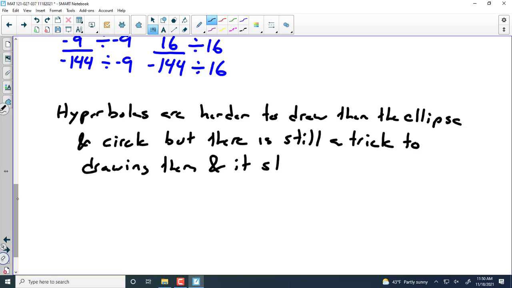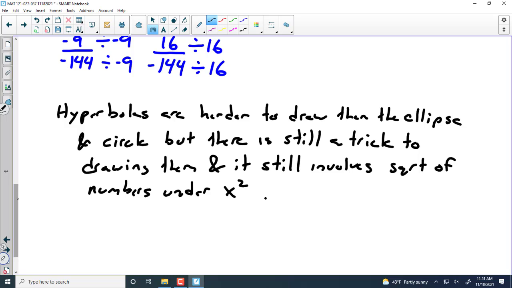And it still involves the square root of the numbers under x squared and y squared. These are harder to draw. They take longer. There's more to worry about, but there is still a trick. And the trick still is about the numbers under x squared and y squared.